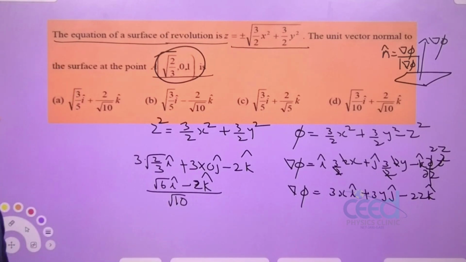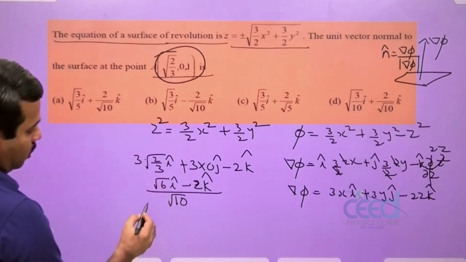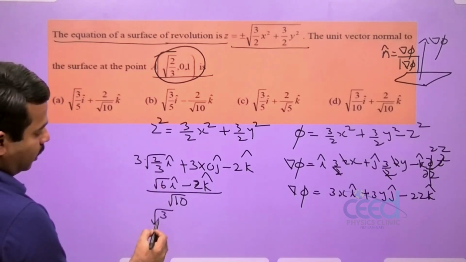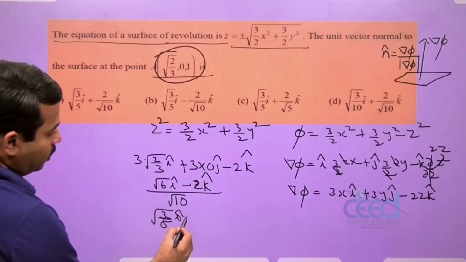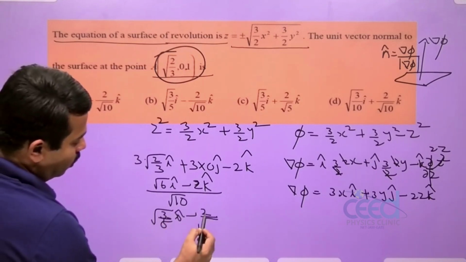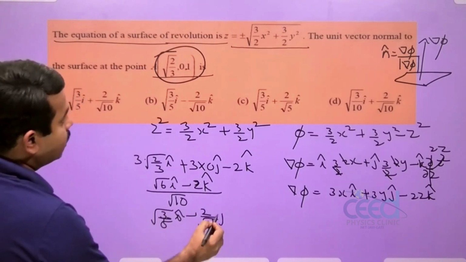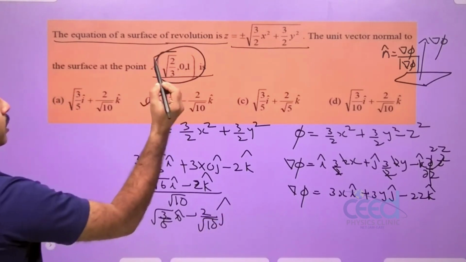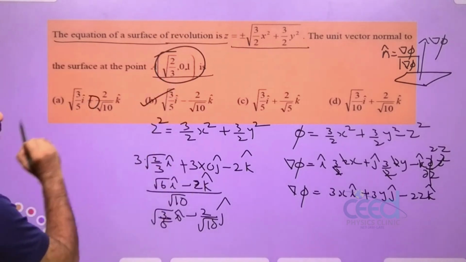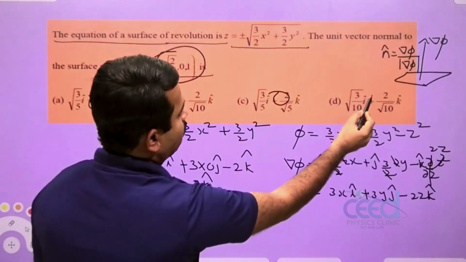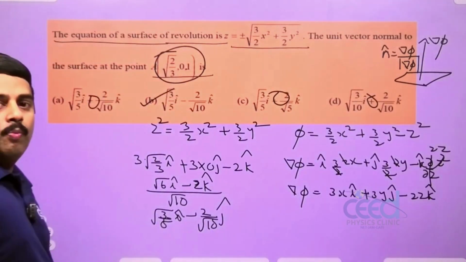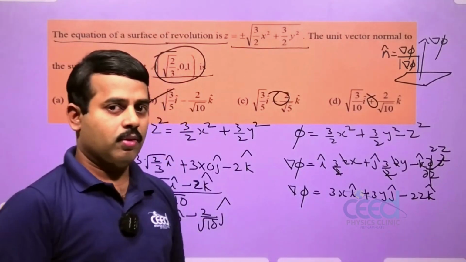So this you may write as root 3 by 5 i cap minus 2 by root 10 k cap, right? Correct. Option B is correct, right? Remaining options here plus, here also plus, here also plus, right? So this is the option. Option B is the correct answer, alright.